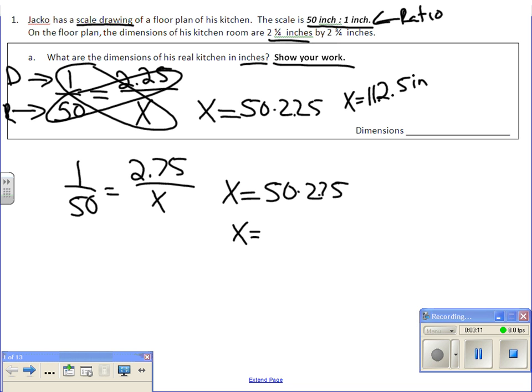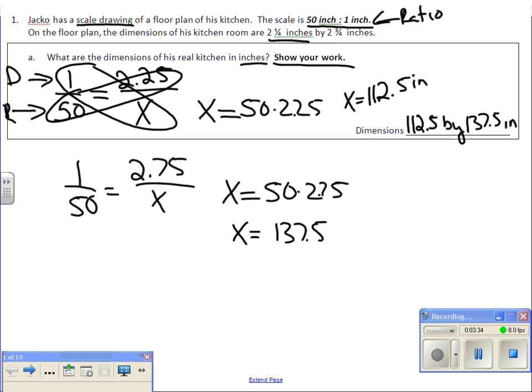X is going to be equal to 137.5. Okay, so those are going to be our dimensions. You could say 112.5 by 137.5 inches. Okay, so there's inches either way.